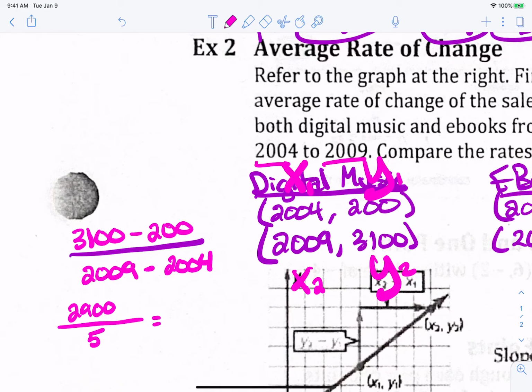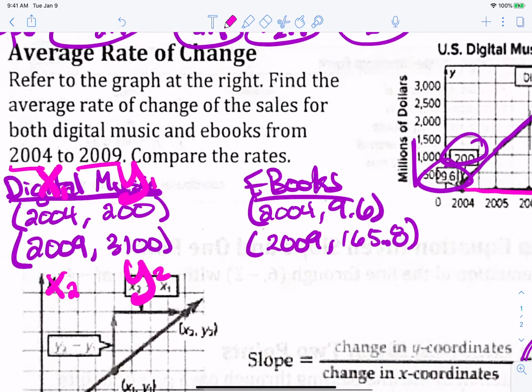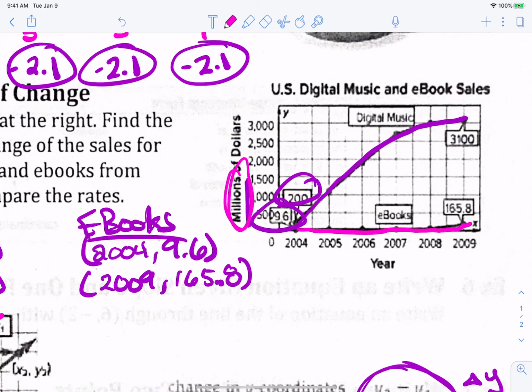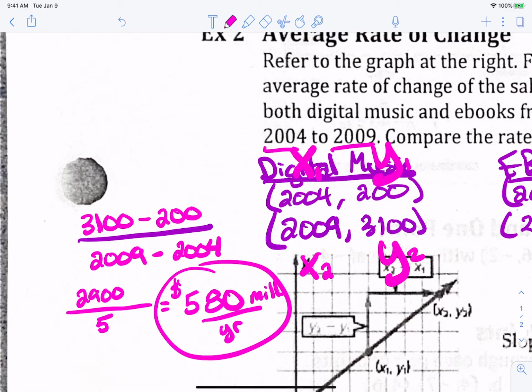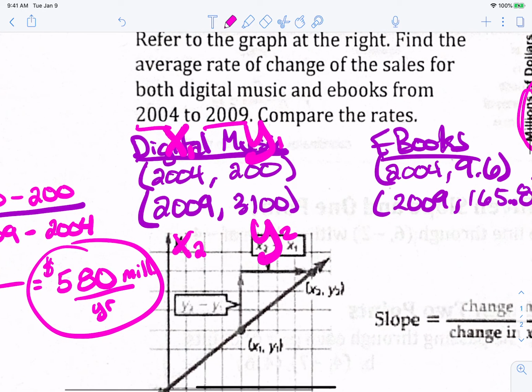So what they're saying is this amount has gone up $2,900 million in the amount of 5 years. So how much has it gone up in 1 year on average? 2,900 divided by 5 is 580, I think. I'm pretty sure. Okay, so it has gone up $580 million per year on average.